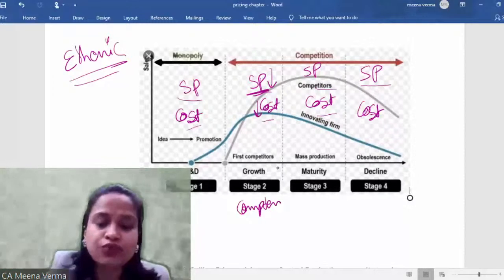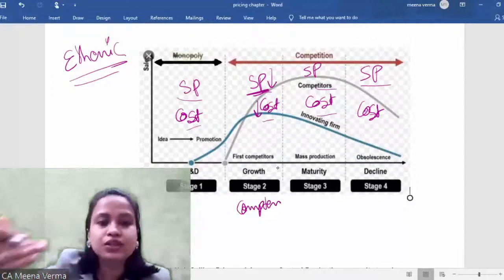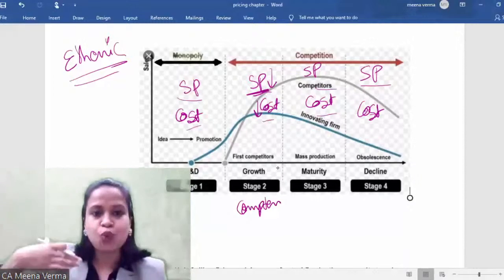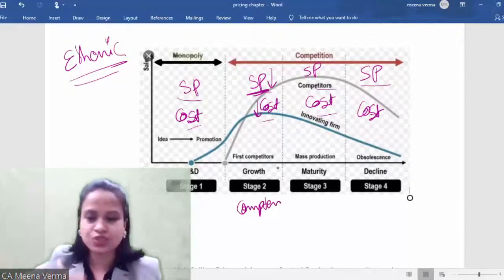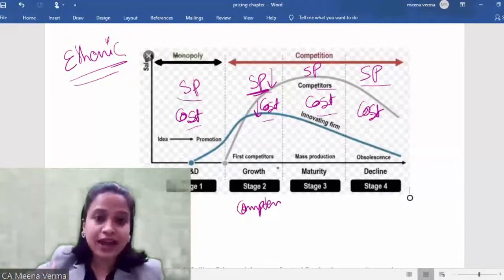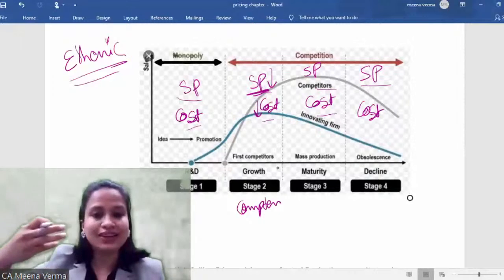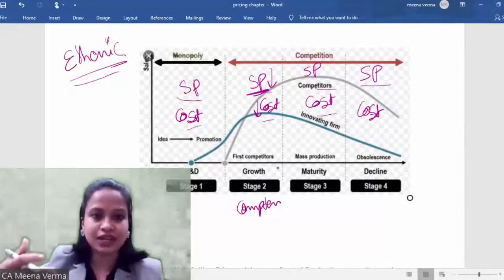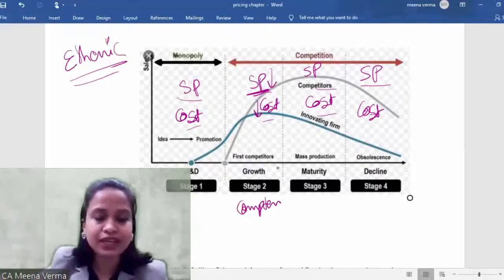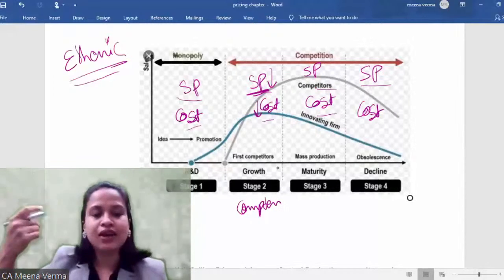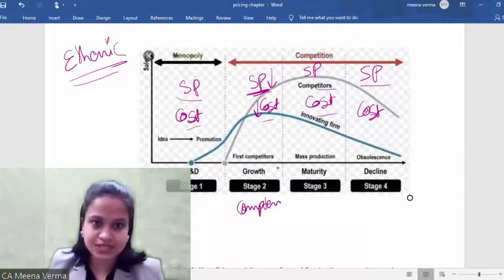See, your worker has gradually learned the work from the introduction to the growth stage. When I took my first class it was pathetic. Then gradually I improved a lot. Every person learns with time, so the learning curve will be applicable, and if a person becomes an expert, then labor cost can be saved.